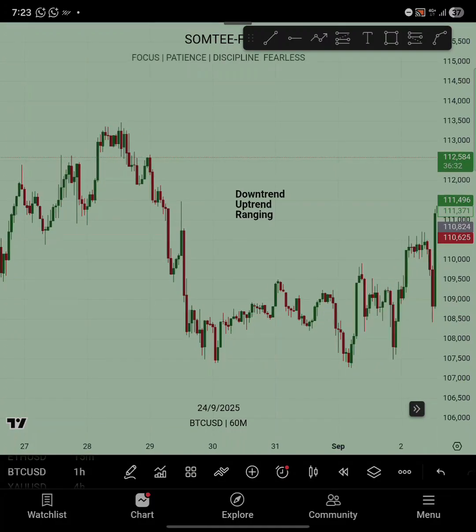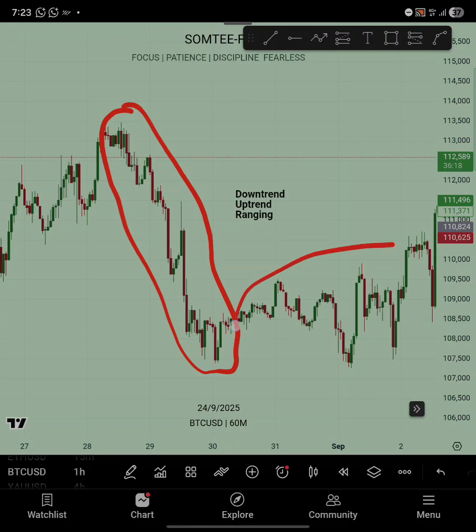Now let me map out something to show you what I'm talking about. From here is a downtrend, because the market is moving down. From here is an uptrend.